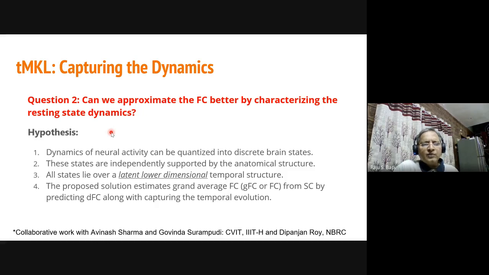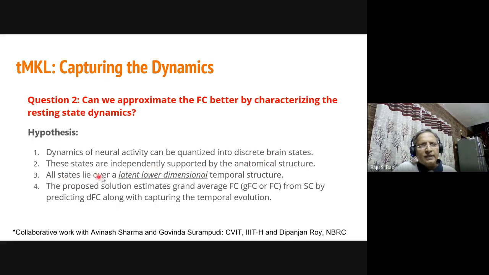The assumption we made is that this dynamics can be quantized into discrete brain states, and these states are supported by the anatomical structure. So structure constrains function.